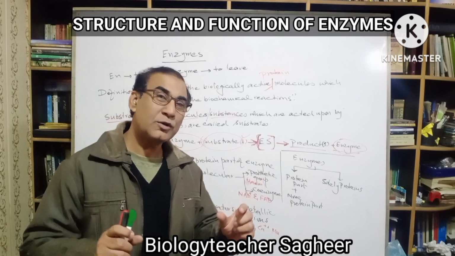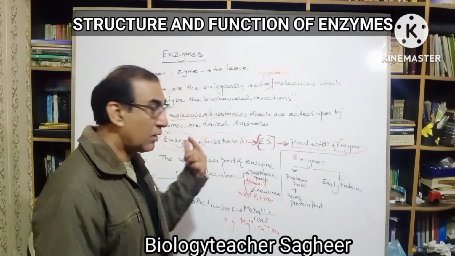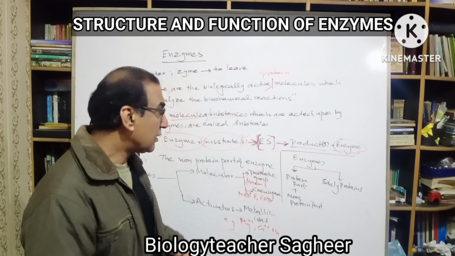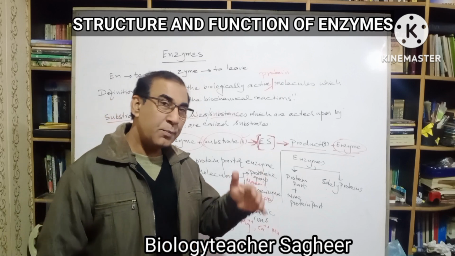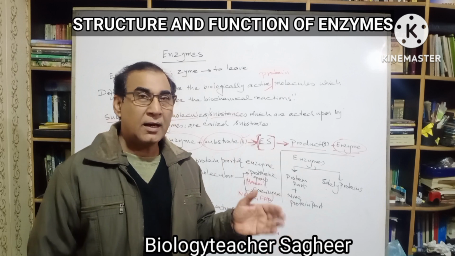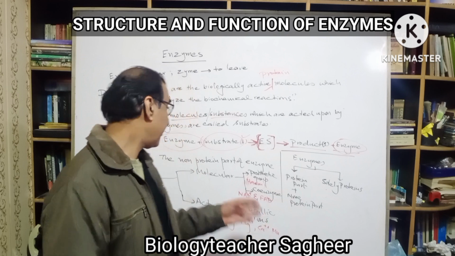Sometimes the glucose molecules combine together, and one product is formed, that is maltose. So this is how the enzymes break the biochemicals, or unite the biochemicals together.